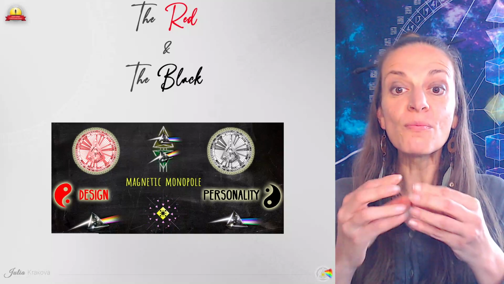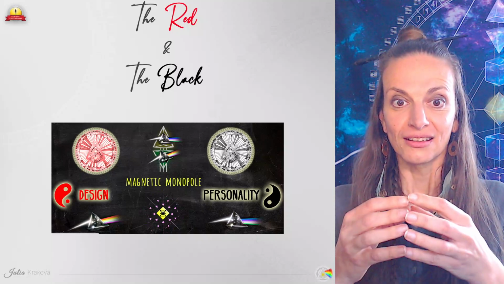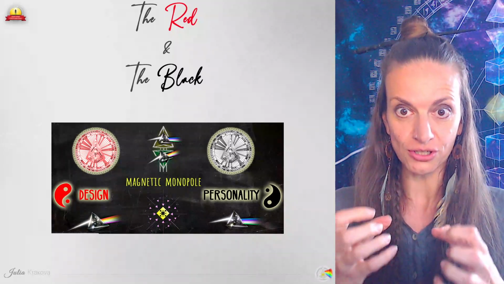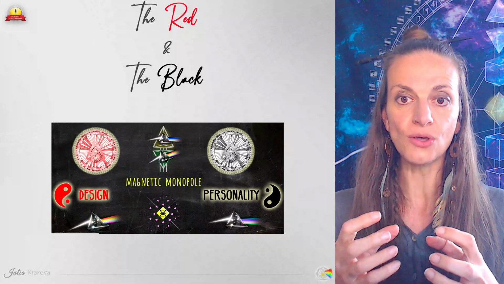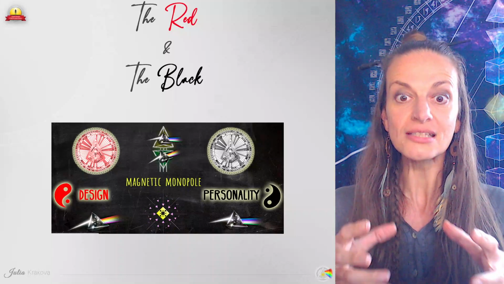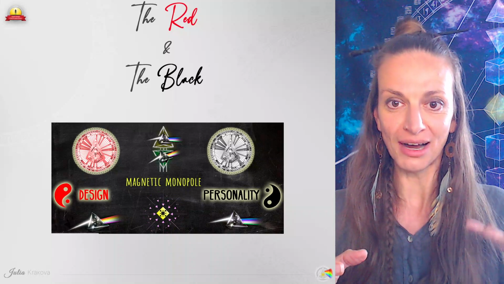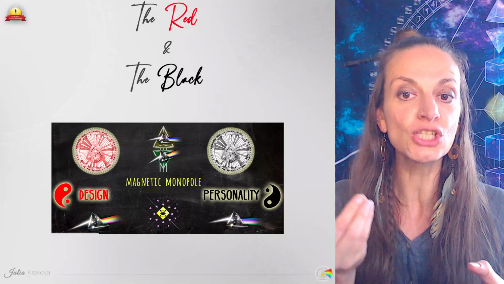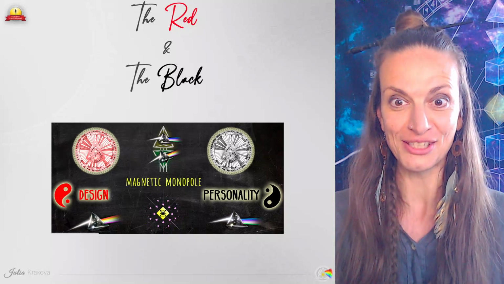And then the moment of coming out of the body is when the personality crystal is actually activated. So those are the two parts that we are: red, the unconscious, the body, the vehicle, and black, the conscious, the personality, the persona. Together they create this illusion of reality.